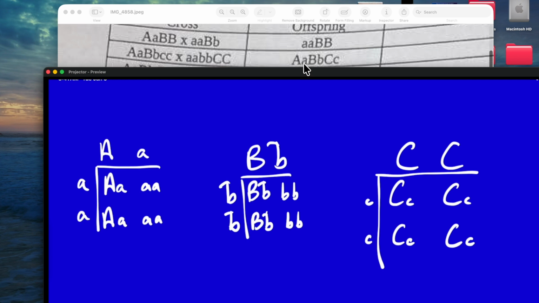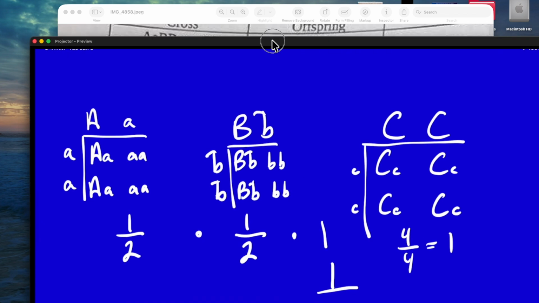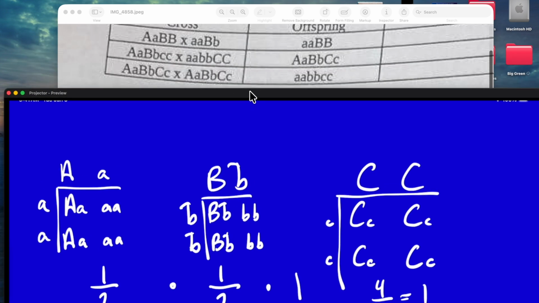They want heterozygous for A and heterozygous for B. So that's going to be 2 out of 4 or 1 out of 2. That's going to be 2 out of 4, 1 out of 2. This is going to be 4 over 4, otherwise known as 1. So we're going to multiply 1/2 times 1/2 times 1, and we're going to get 1/4, or 25%, as our probability to get that as the offspring.